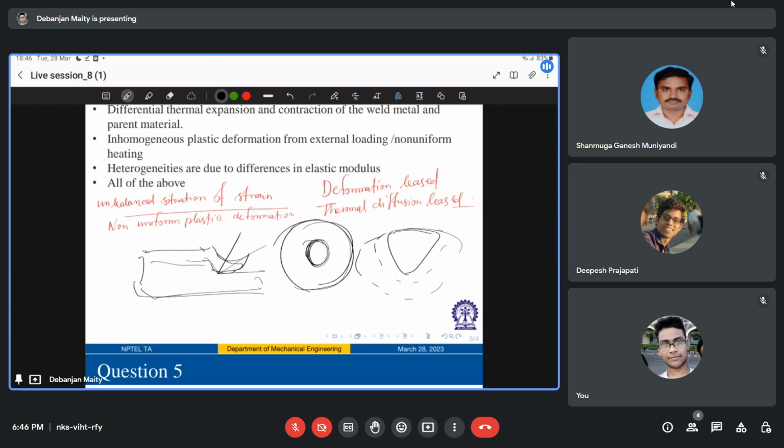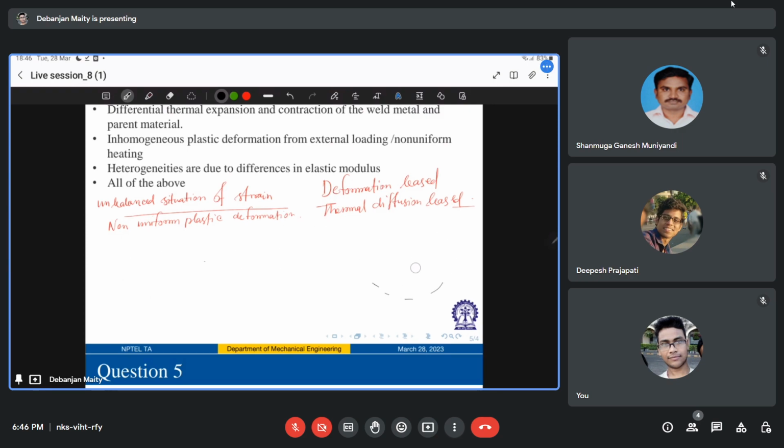What can be the other reason? In terms of non-uniform plastic deformation, or non-elastic strain, what will happen? When a metal is heated uniformly, it expands uniformly, and no thermally induced stress arises that can lead to either this locked-in stress or distortion.